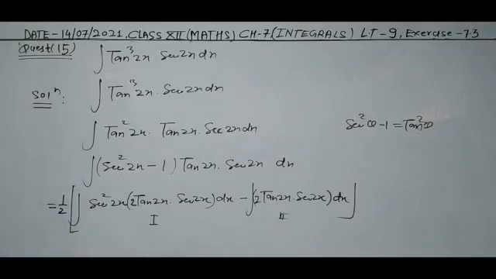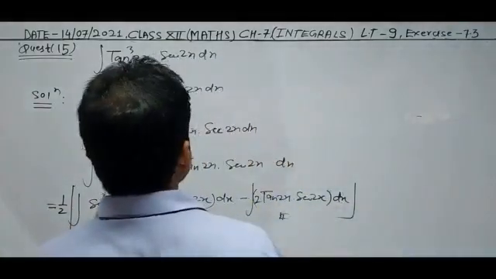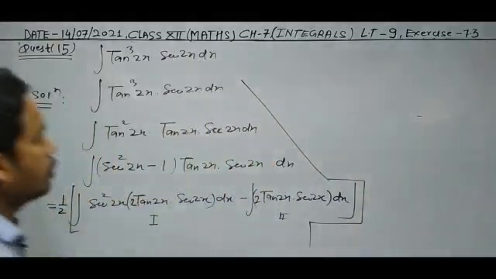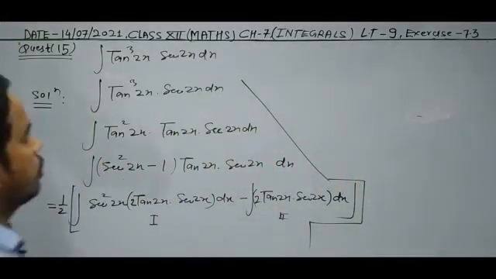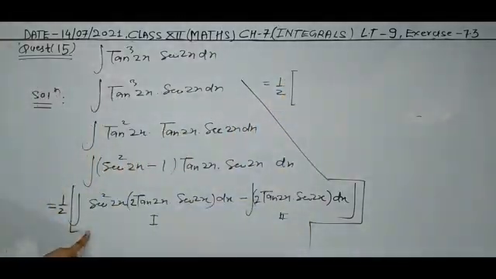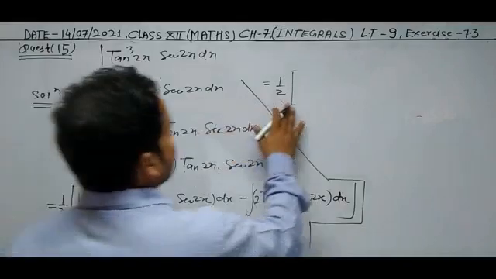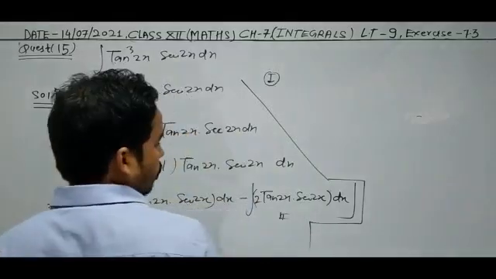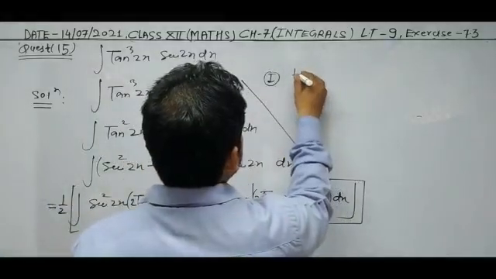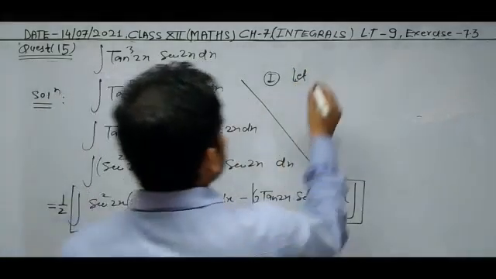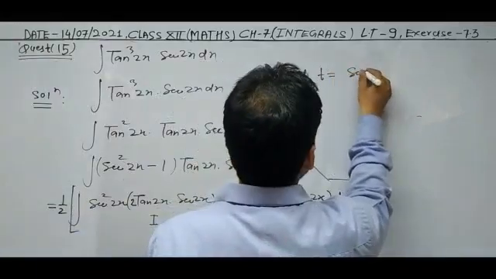First of all, see here, there is no space, so I will write from here. So 1 by 2 integration. For the first calculation, let t equal sec 2x.